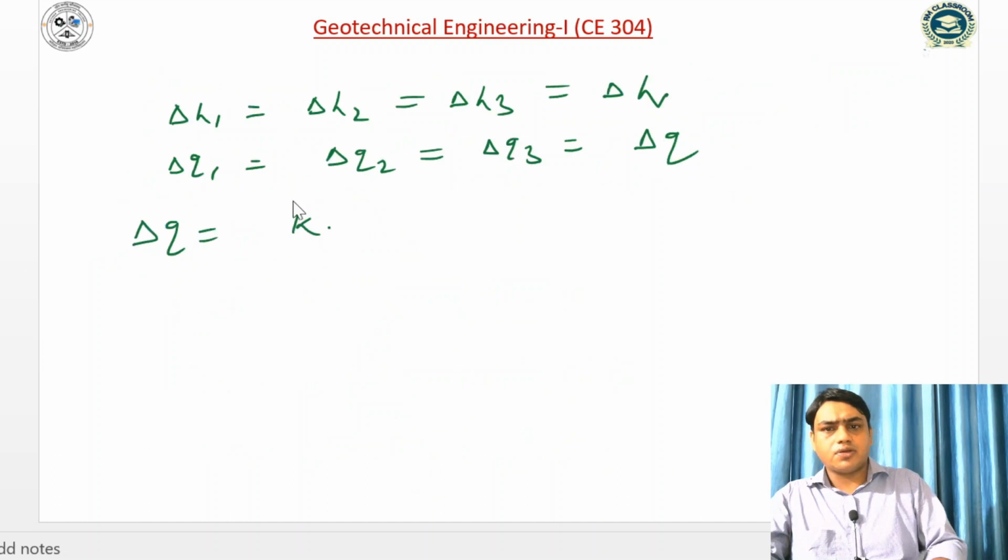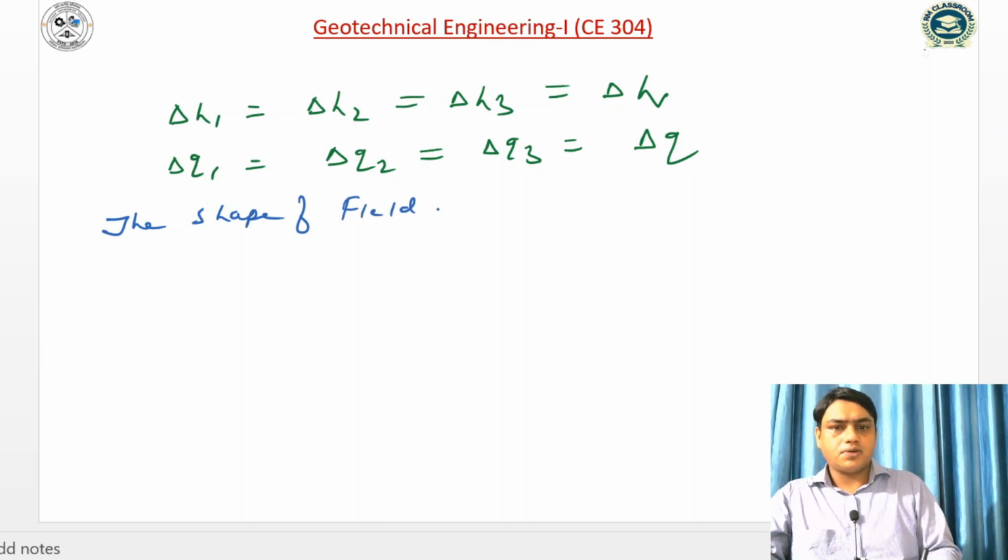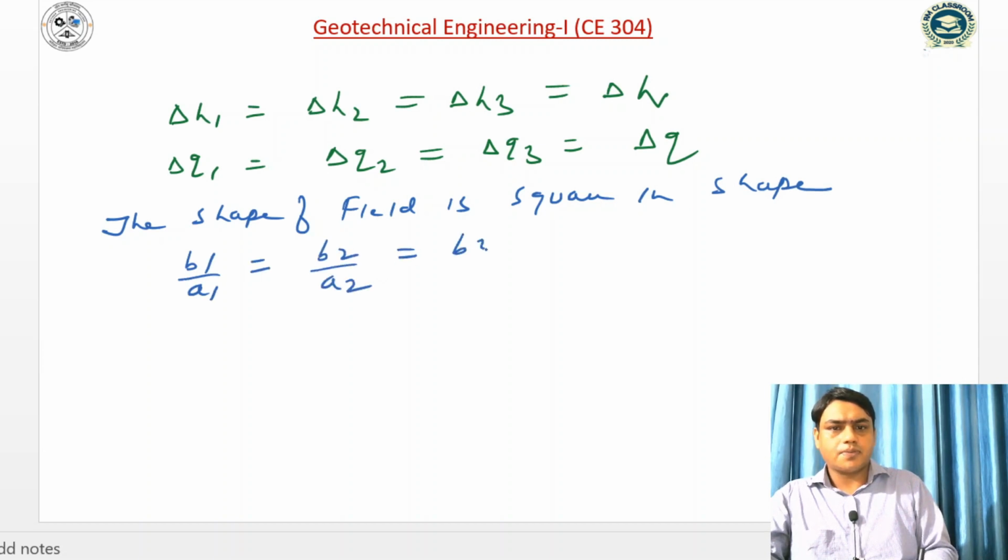One thing I write here: the flow field is square in shape. So we can write B1 by A1 is equal to B2 by A2 is equal to B3 by A3 is equal to unity, because it is the shape of a square.